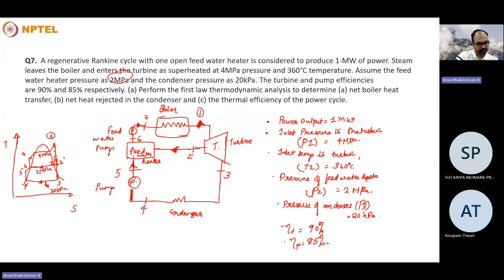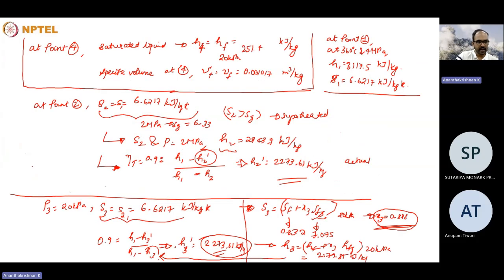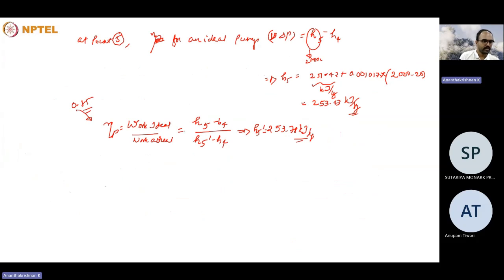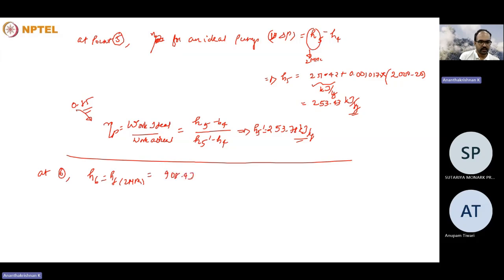That will be equal to the saturated fluid enthalpy at 2 megapascal. So H6 will be equal to HF at 2 megapascal, that is 908.47 kilojoule per kg.